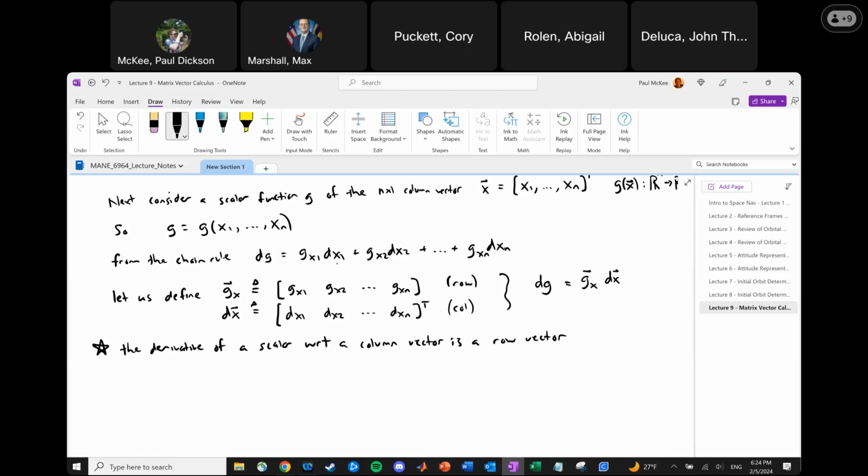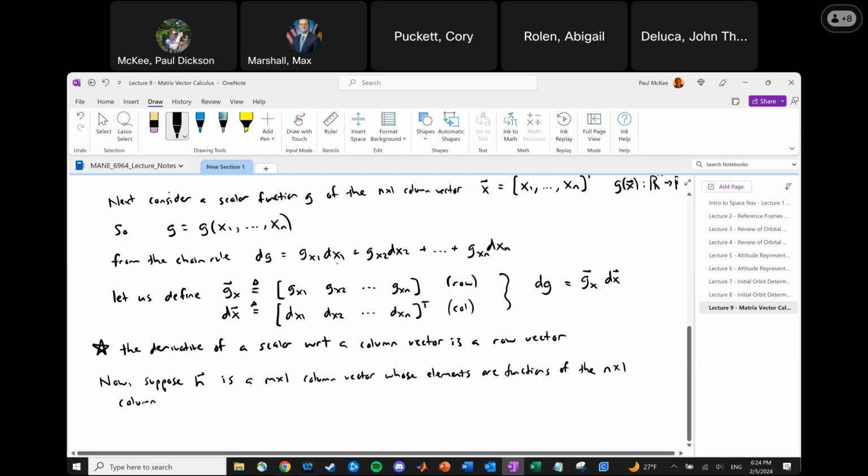Now, suppose that H is an m by 1 column vector whose elements are functions of the n by 1 column vector x. Okay, so what does that mean?